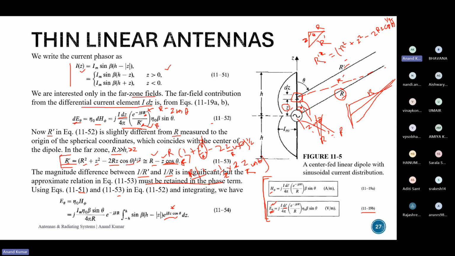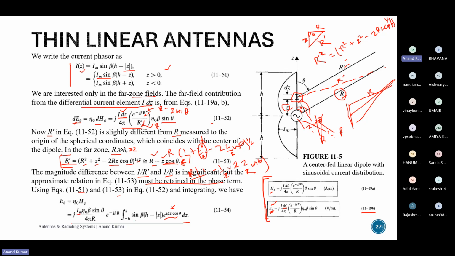We can put this r dash expression inside this term over here, in these two places, and the current distribution over here as well. Upon doing that, we end up with this big integral. The I term has been replaced by this expression, Im sine beta h minus mod of z.